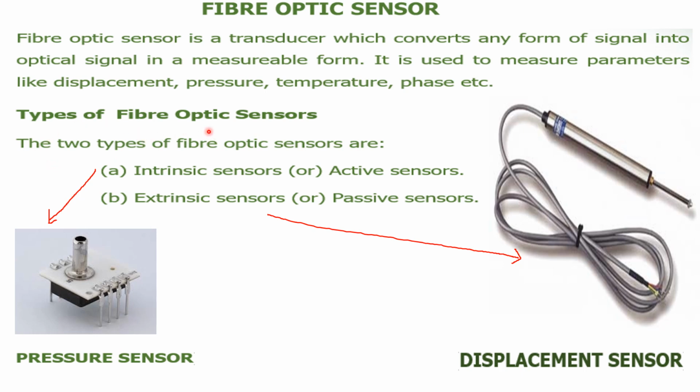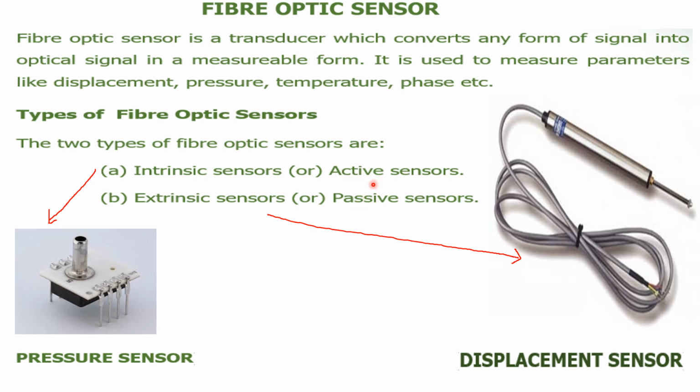Now there are basically two types of sensors. One is intrinsic sensor or active sensor. The other one is extrinsic sensor or passive sensors. The photographic representations are shown here. Now, what is this active sensor? What is this passive sensor?